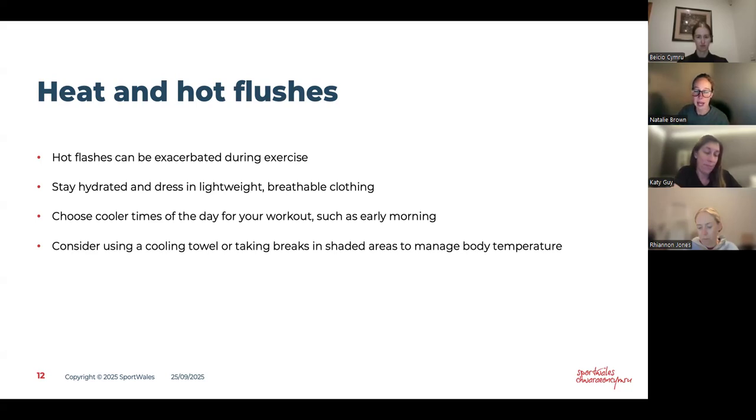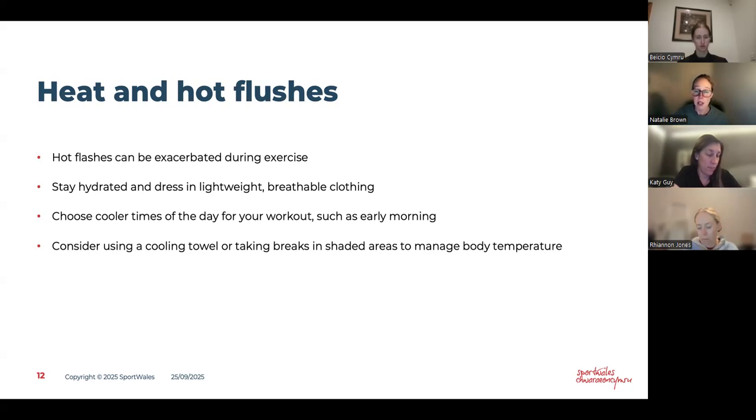Again, think about the time of day that you're doing the workout, and this is what I mean by some of the adjustments that you might have to make. You might still be able to complete all of your normal training, but you might have to think about, do I do that in the morning? Do I do that in the evening when it's a bit cooler, or manageable times of the day?